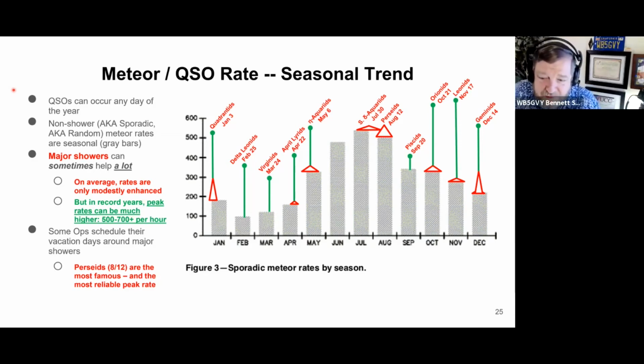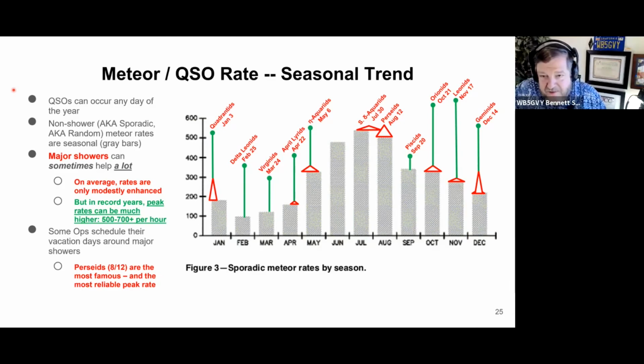And then on average the Perseids add enough that overall they provide the most reliable peak rate throughout the year, and they're the most famous. If you want to mention one particular meteor shower that stands out for people working meteor scatter, it's the Perseids. But there are many others that are also quite important to people.